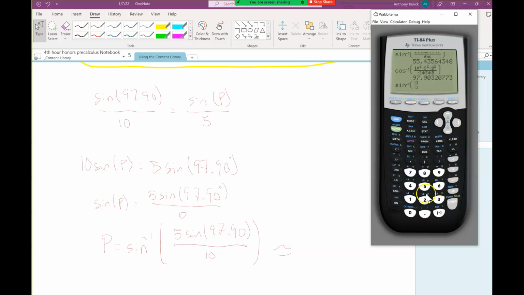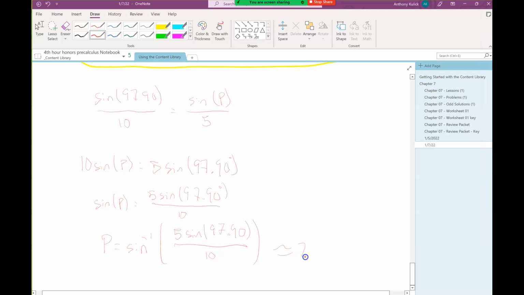Again, I like to use that fraction command. And I'm using that ans command all over the place rather than have to recopy long numbers into my calculator. So that gives me 29.69.